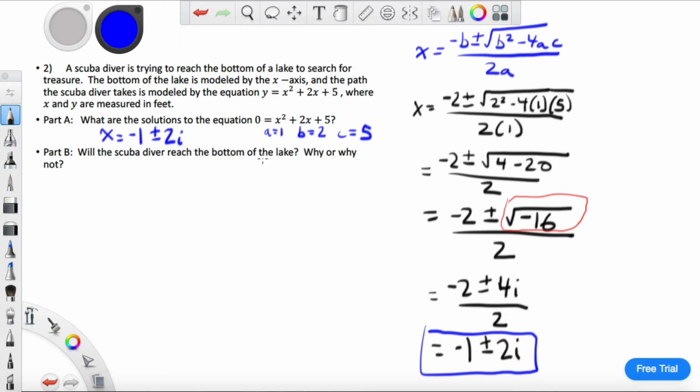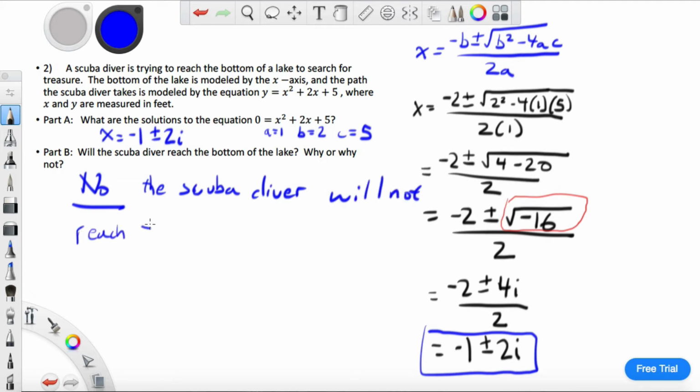So, will the scuba diver reach the bottom of the lake? Why or why not? Well, the answer is no. The scuba diver will not reach the bottom of the lake because these solutions are imaginary.